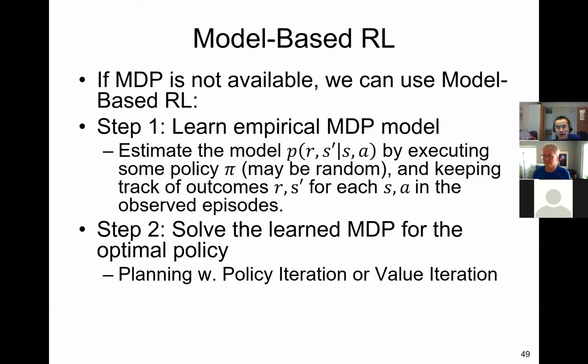You do this by executing some policy, maybe random, and keeping track of outcomes R and S prime for each SA in the observed episodes. Once you have the empirical estimated MDP model, you can use policy iteration or value iteration to get the optimal policy. This step is called planning, because it's not learning; your step 2 is just planning based on a known model. Step 1 is learning a model.